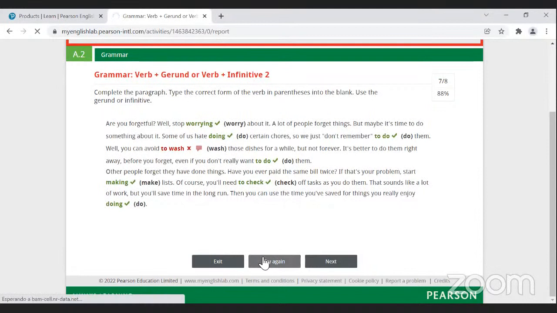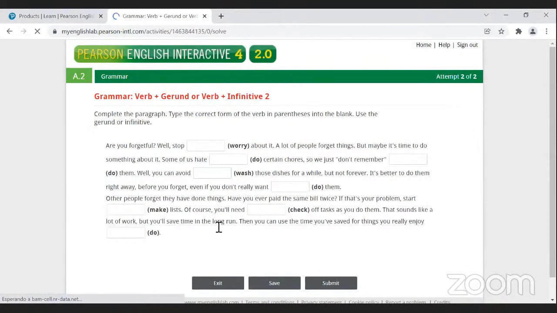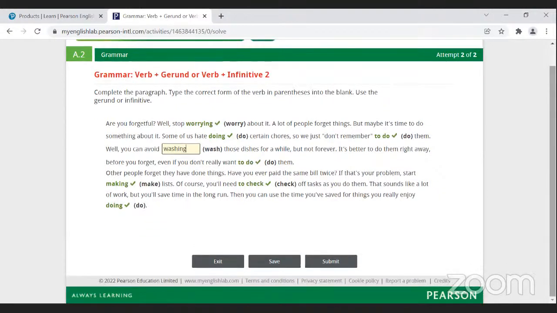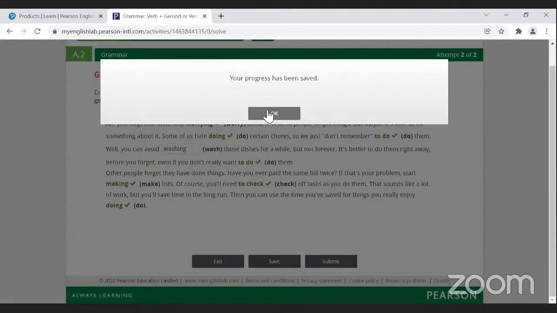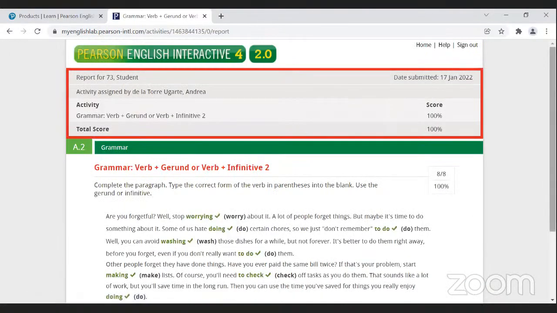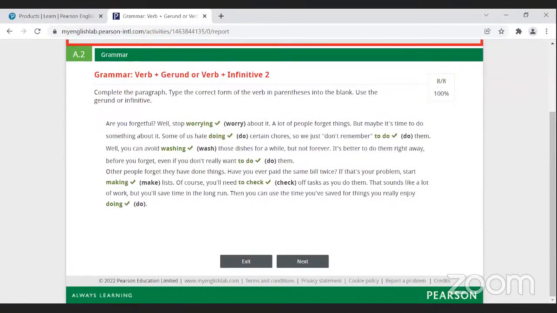And hate could go with both. Okay, perfect. Very good, Emily.